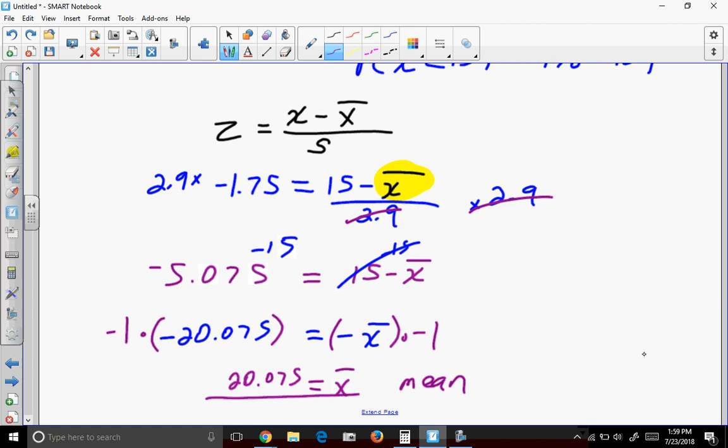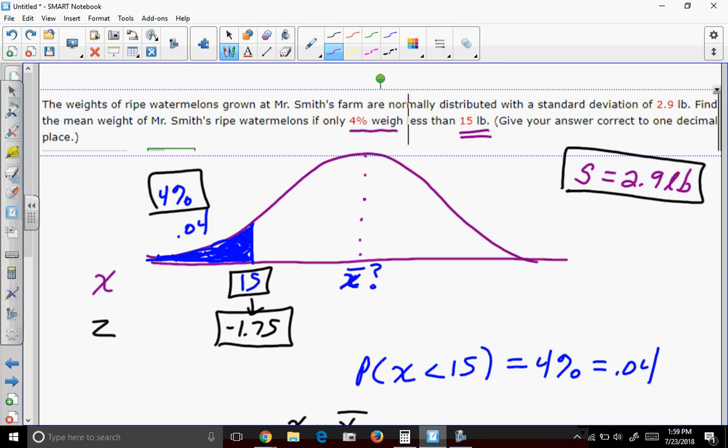So even though we didn't originally know a particular z value, we just had to recognize when they gave us this 4%, that's an area that was less than a particular x. So we put an x somewhere, and then we highlighted an area of 4% to the left.